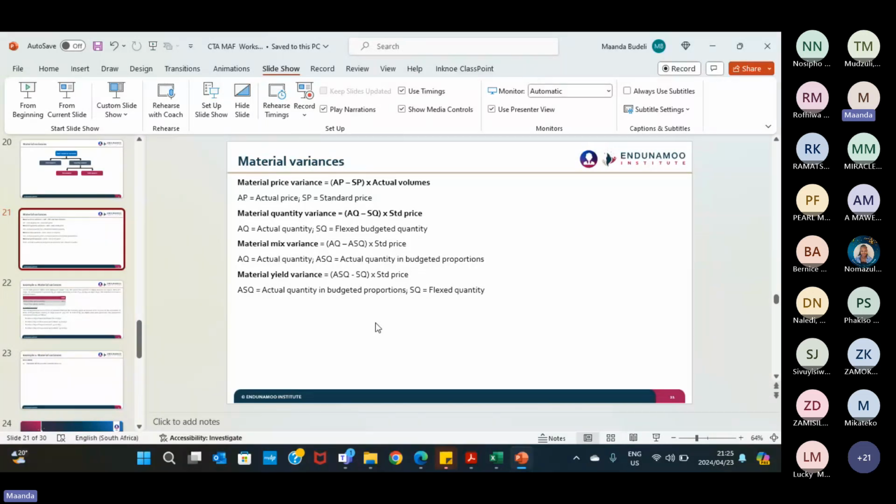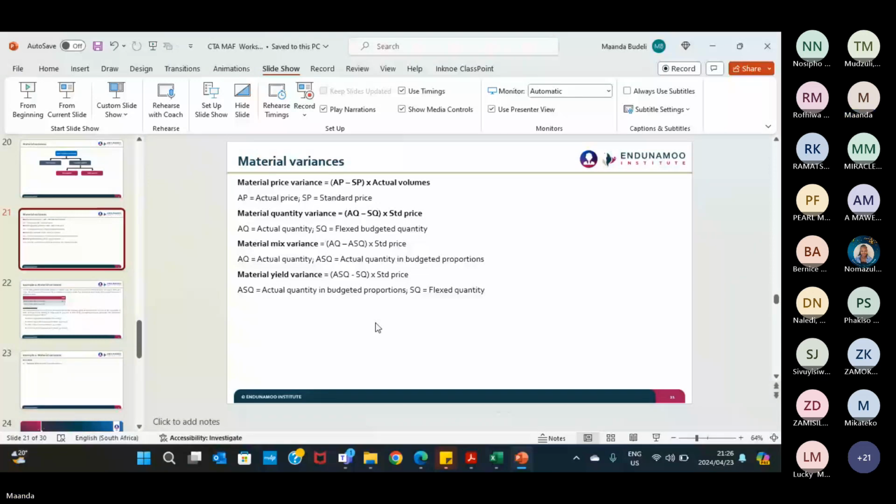But if you go back to what a mix variance really is, and you understand that, you can use the information that you are reading to your advantage when you are doing the formula, because you understand what you're looking for when you look at the mix.